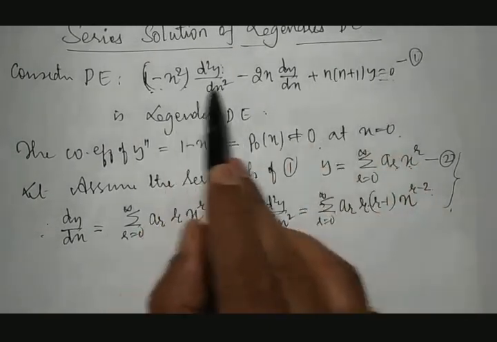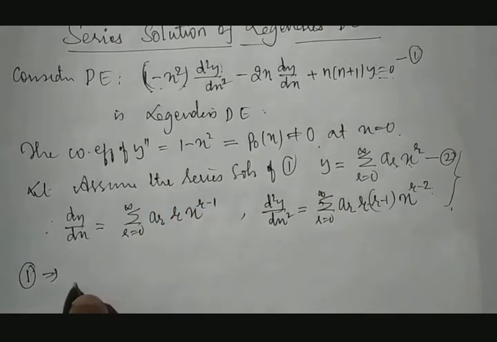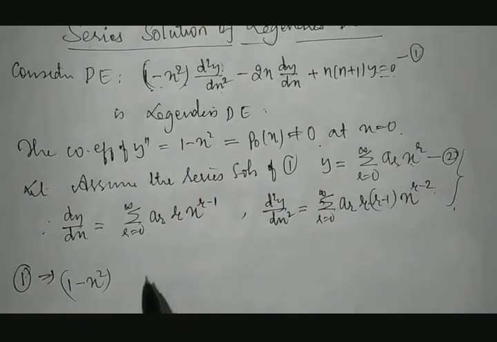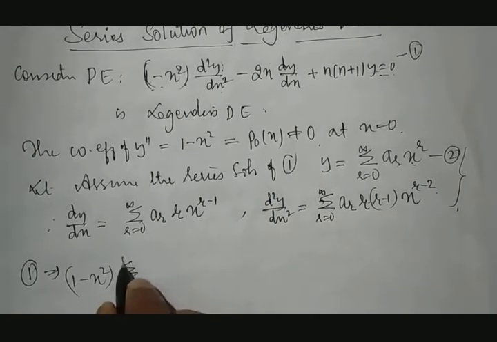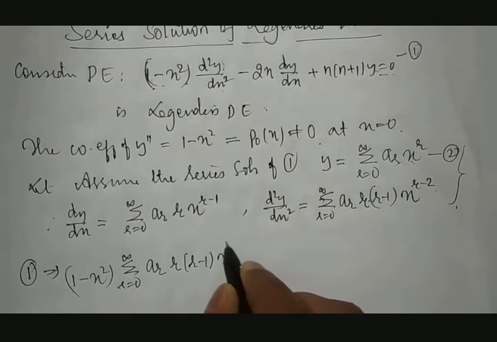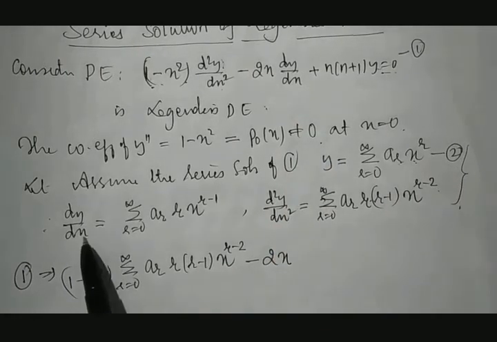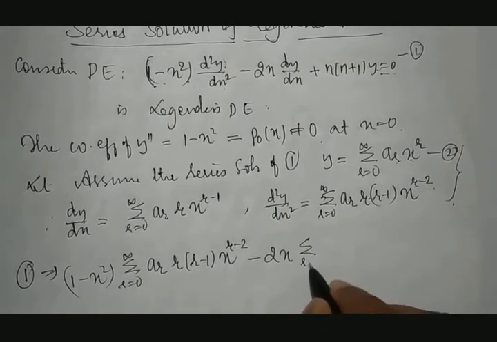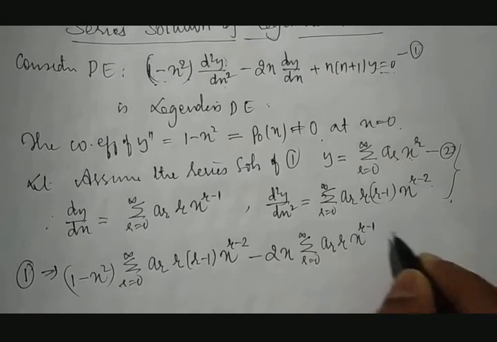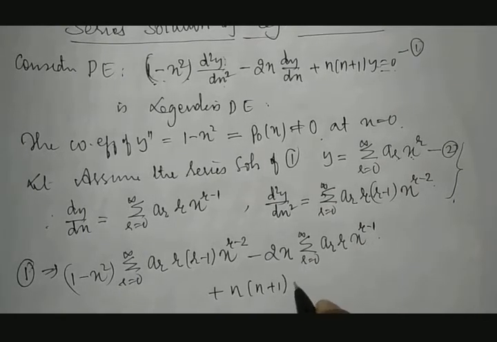When we substitute these values in equation number 1, it becomes (1 minus x²) into d²y/dx², that is summation from r equal to 0 to infinity a_r r (r-1) x^(r-2), minus 2x into dy/dx, that is summation from r equal to 0 to infinity a_r r x^(r-1), plus n(n+1) of y.